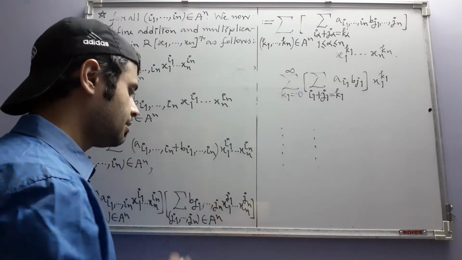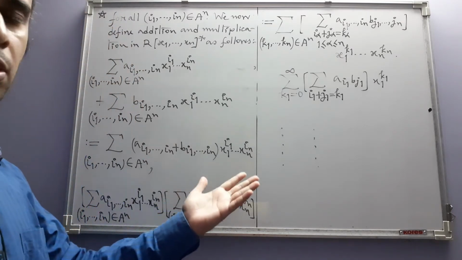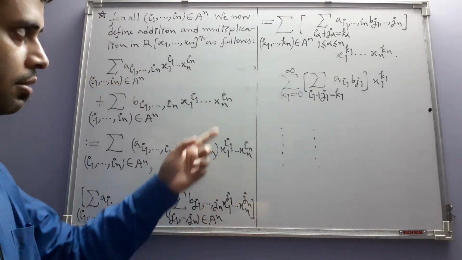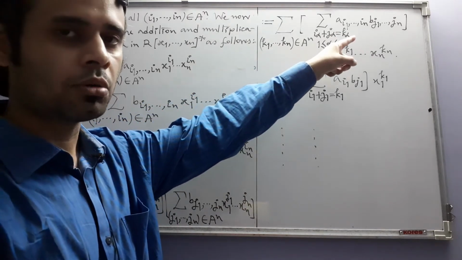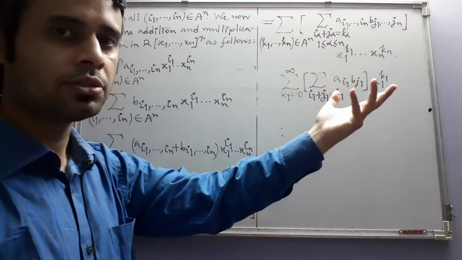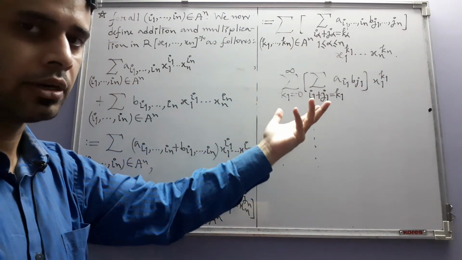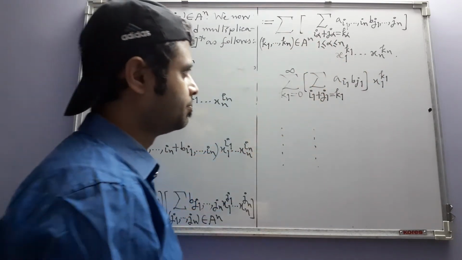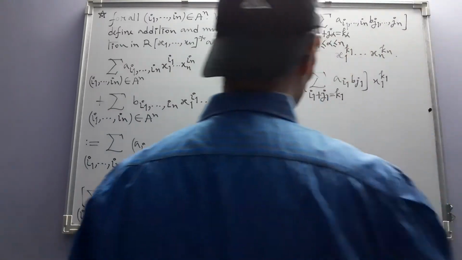So that is the case of addition, and the same is also true for multiplication, where the coefficients are more complicated than addition, but still we are using only finitely many non-zero a's and finitely many non-zero b's. So we are going to mention that.